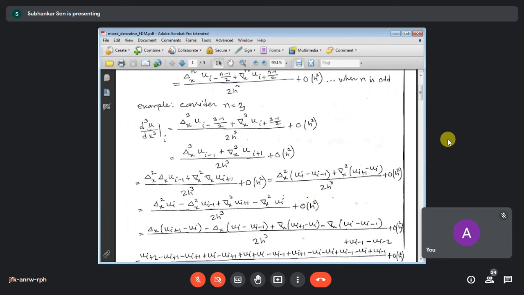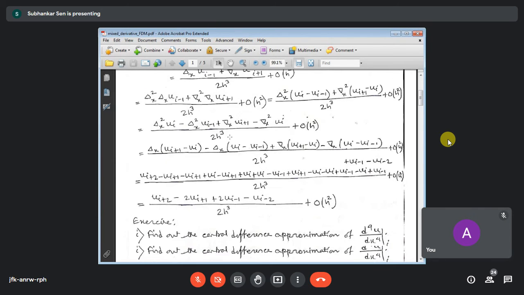So just now, we have seen that when it is becoming d3u dx3, the order is increasing by 1. So we are expecting that there should be 3 plus 1 terms in the numerator. So there should be 4 terms in the numerator. So you are finding that, yes, really, there are four terms in the numerator: first term, second term, third term, and fourth term. Okay.